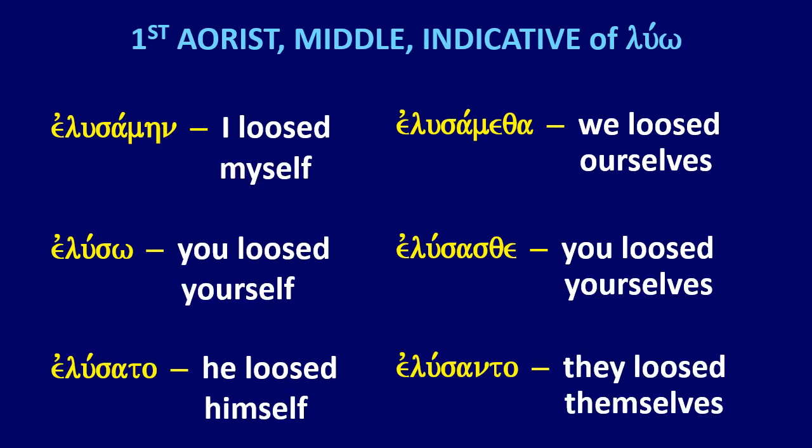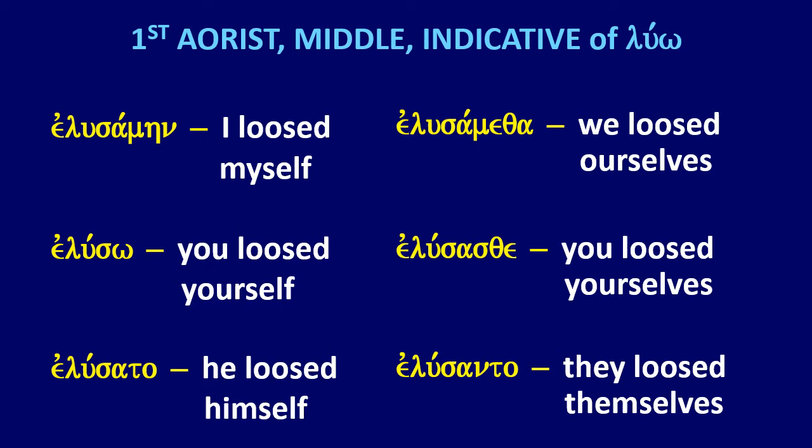Now we move on to the first aorist middle indicative, middle voice of luo, where we would have, in terms of the glosses or translations, without any context, you would have elusamein, I loosed myself for first person singular. Second person singular, eluso, you loosed yourself.